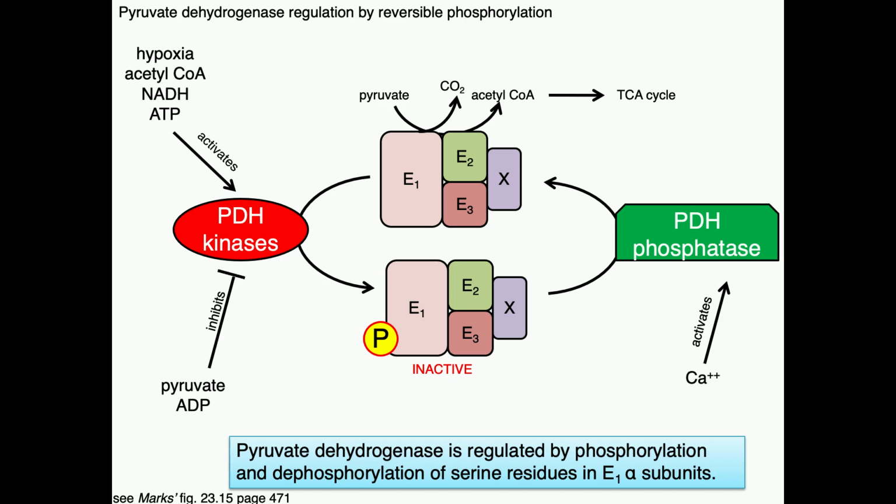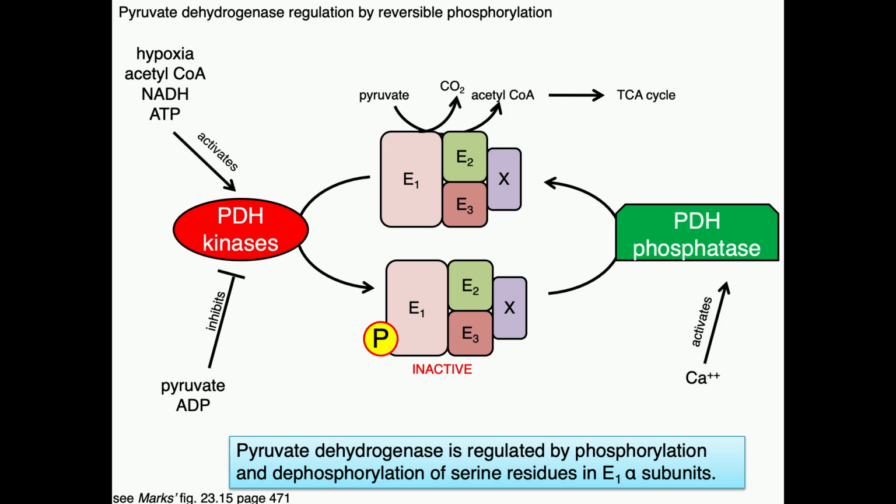I've just shown here a single phosphate, but there's actually three serine amino acids on the E1 subunit, and they are phosphorylated by a family of pyruvate dehydrogenase kinases, and these are activated in conditions of energy excess. So a lot of acetyl-CoA, a lot of reduced NADH, or a lot of ATP will cause them to be transcriptionally activated.